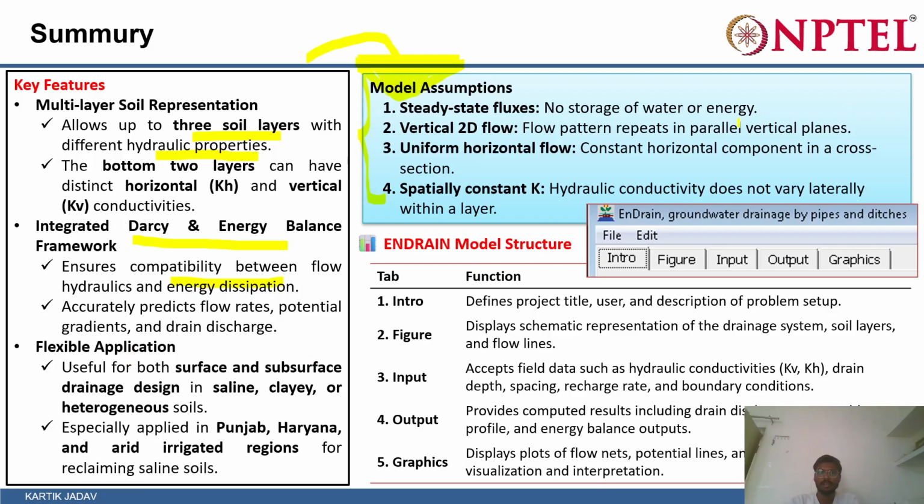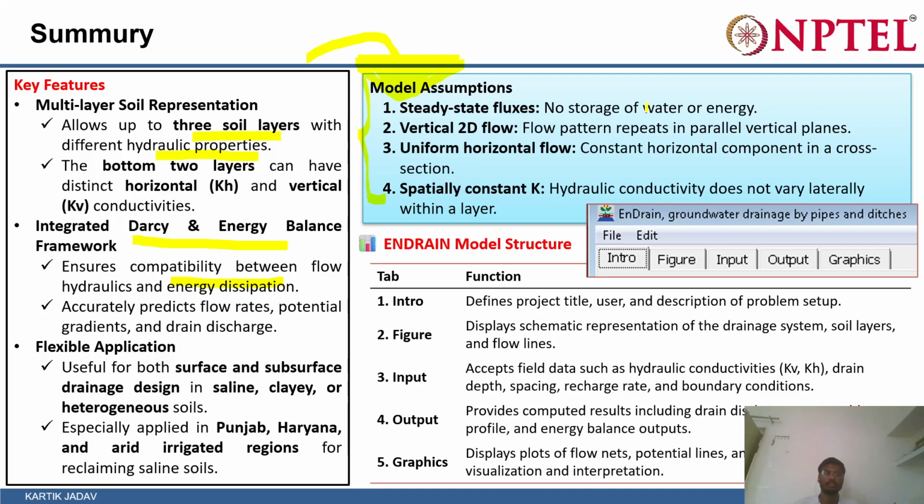So steady state flux means there is no storage of water or no energy storage. Then vertical 2D flow, so the flow pattern repeats in parallel vertical planes in 2D direction, and uniform horizontal flow, so a constant horizontal component in the cross section.